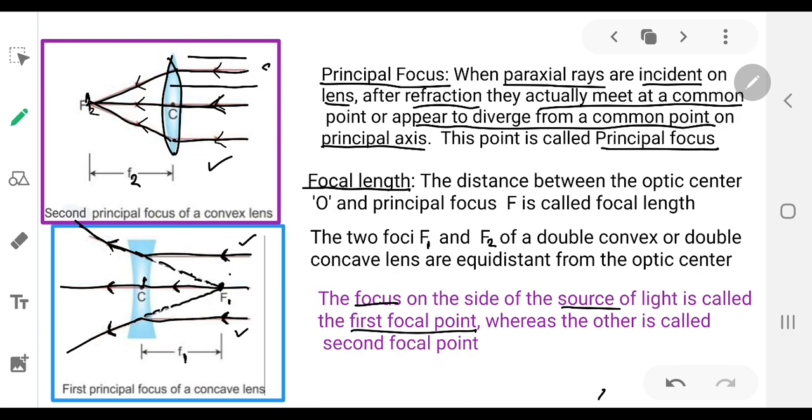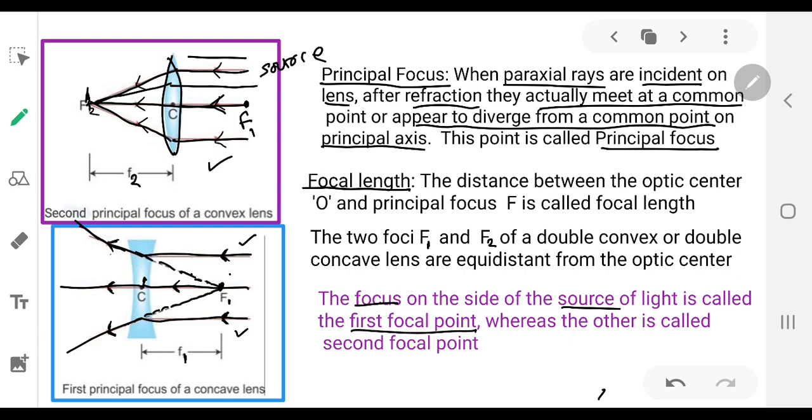Somewhere here is the source emitting the light, and after refraction the rays meet at this point. So the focal point on the side of the source is F1. The focal point on the other side is taken as F2, the second principal focus of the convex lens.